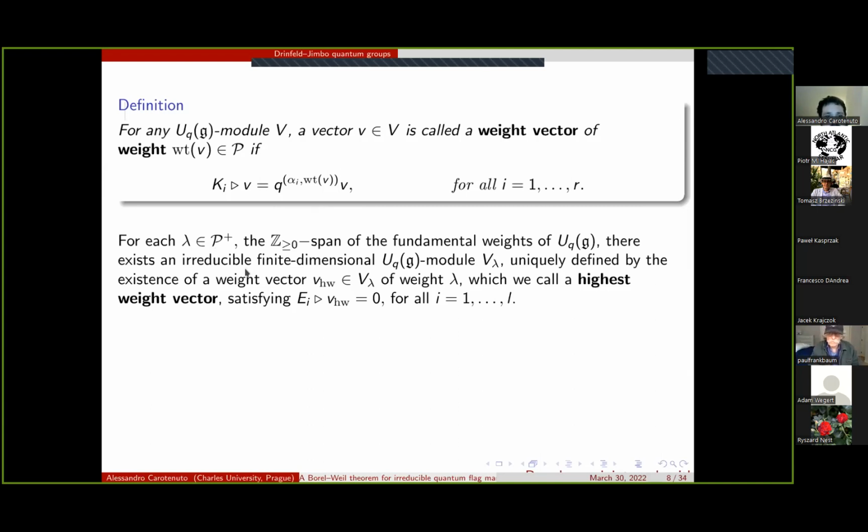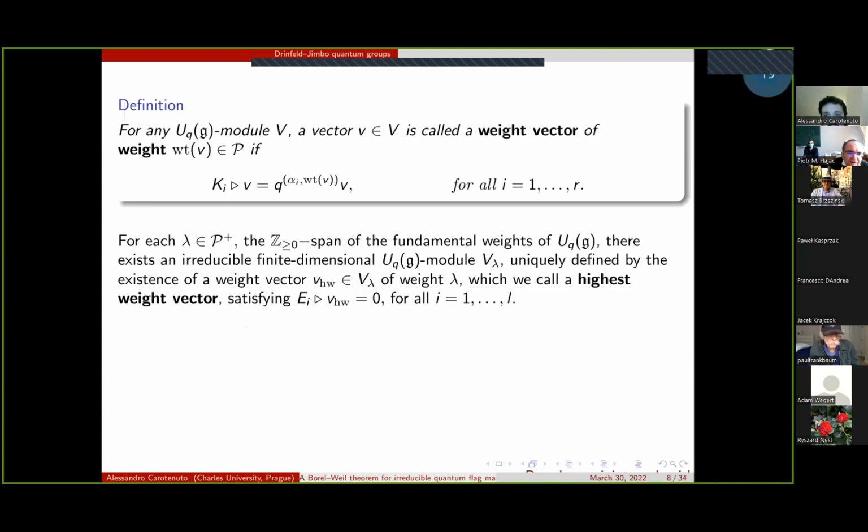And there exists, for each one of them, a finite dimensional U_q(g)-module V_lambda, which is uniquely defined by the existence of a weight vector, which we call the highest weight vector, such that E_i applied to this highest weight vector gives 0.